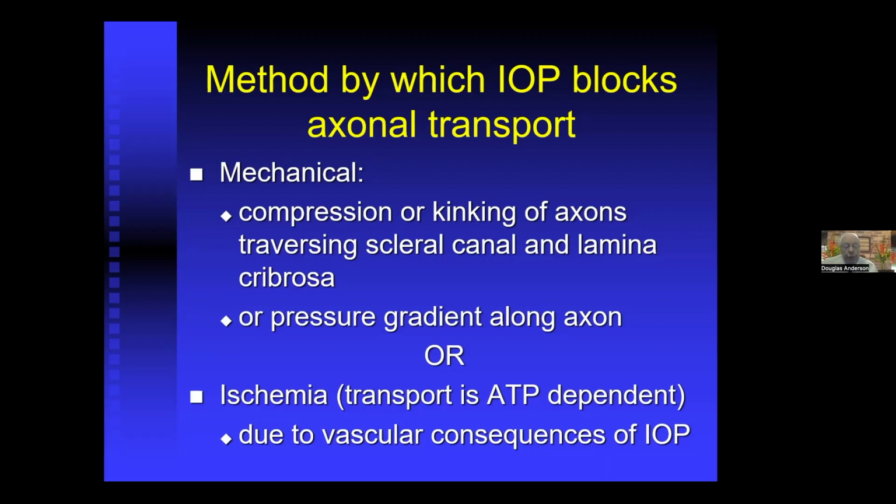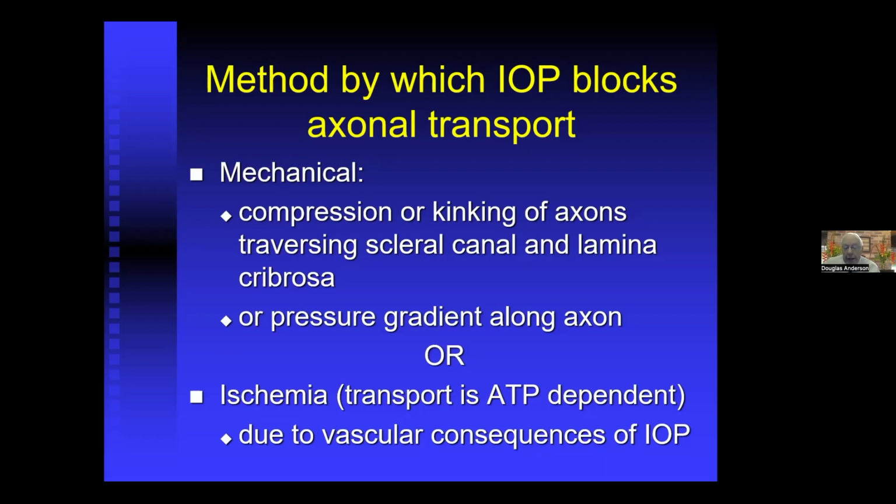The contrary viewpoint, or an alternate viewpoint, is that there's some ischemia that's localized in the region of the deep optic nerve head, because the transport is oxidation dependent, dependent on ATP, an oxidation process, and ATP is not formed if there's no oxygen around.